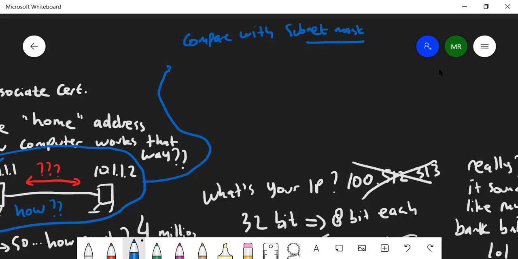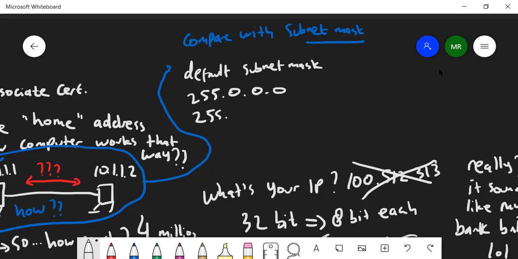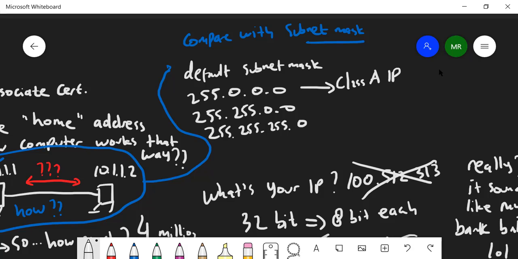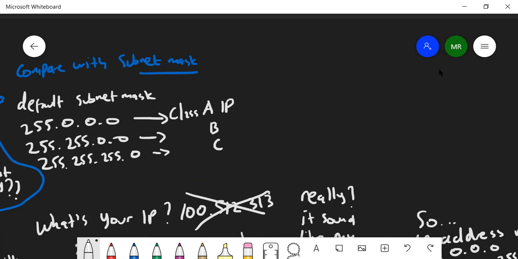Subnet masks have classes. Class A subnet mask is 255.0.0.0. Class B subnet mask is 255.255.0.0. Class C subnet mask is 255.255.255.0. And Class A uses IP range from 0 to 127 in the first octet. Don't worry about the second up to the fourth octet. They only filter from the first octet.